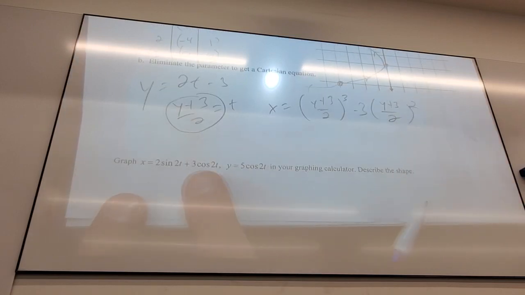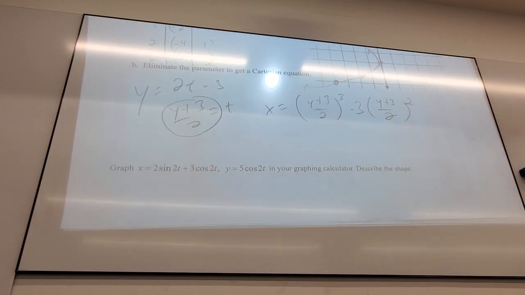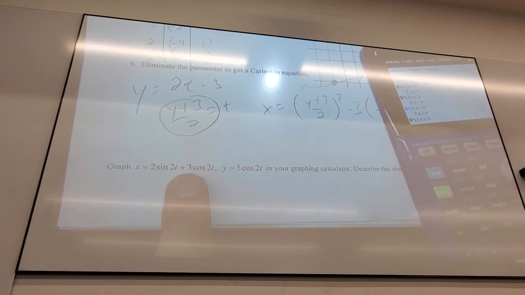Now, can you guys take a moment and do this? If you need a calculator, I still have them up here. Plot this in your calculator. X equals all this business, Y equals that.